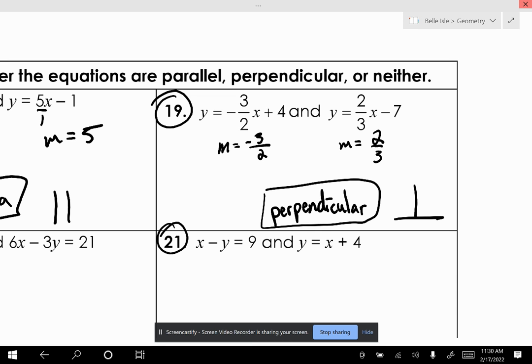It is different signs, and then the reciprocal, which means that you just got to flip it upside down.